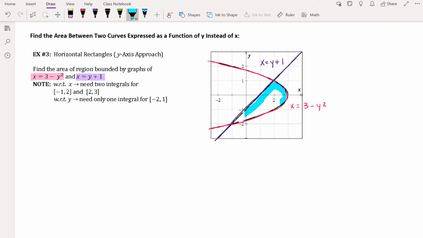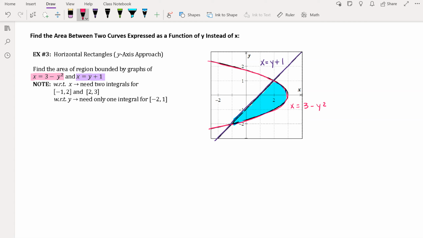Okay, so we've got everything set up now. Let's talk about how we need to do this type of problem. So you can tell that these functions are defined as y functions instead of x functions, like they're dependent on y.